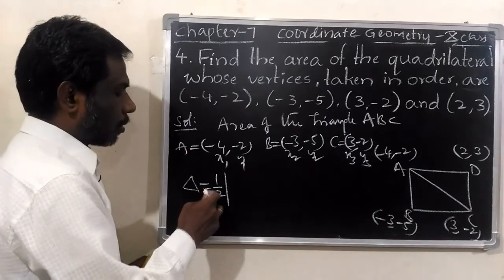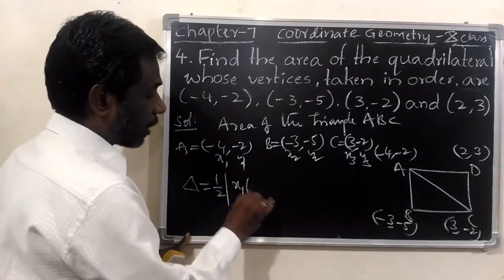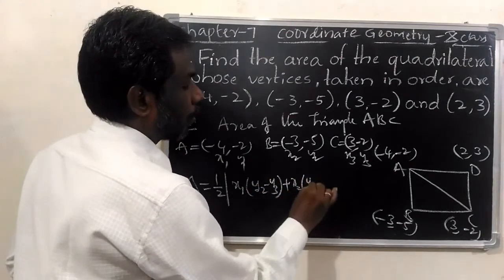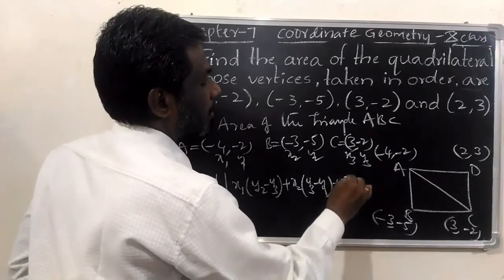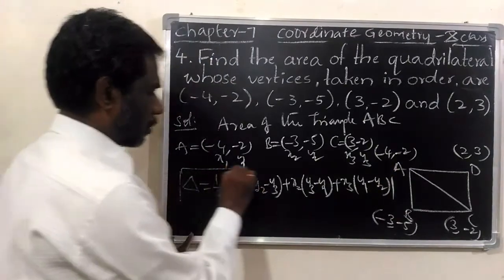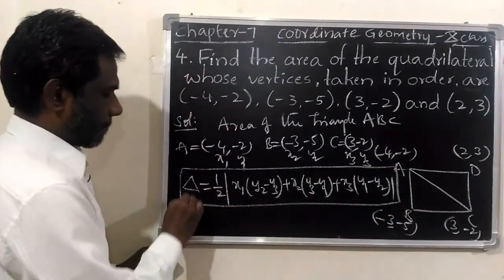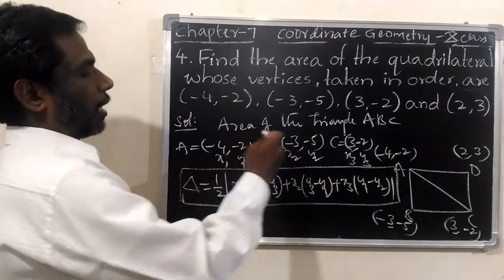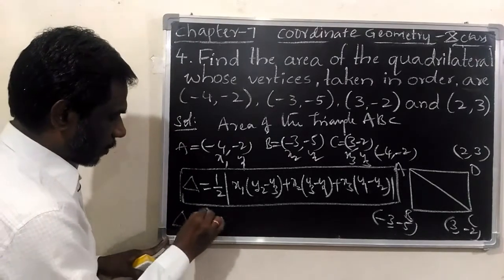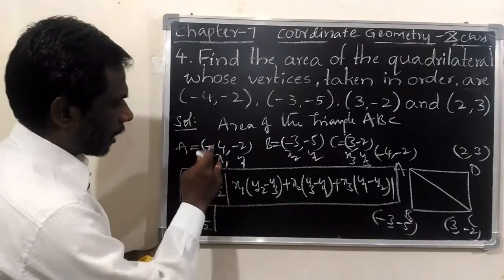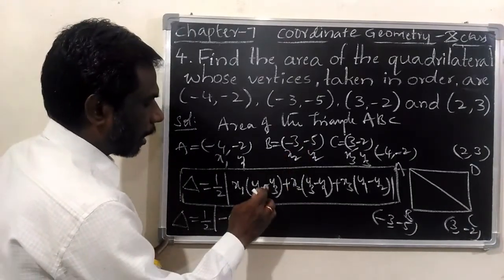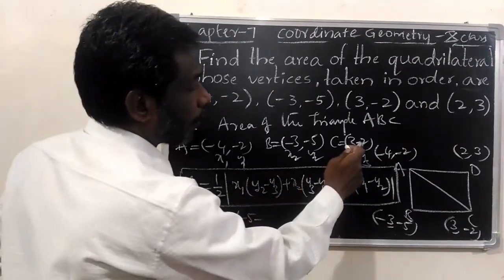Delta is equal to 1/2 mod of x1 into y2 minus y3 plus x2 into y3 minus y1 plus x3 into y1 minus y2. So this is the formula. Now we substitute these x1, y1, x2, y2, x3, y3 values in this formula. Delta is equal to half mod of x1, which is -4, into y2, which is -5, minus y3, which is -2.